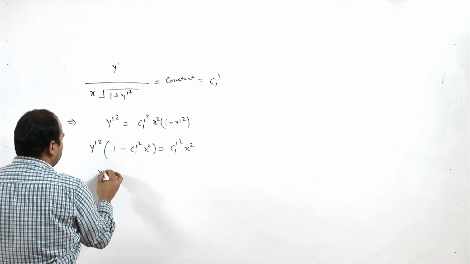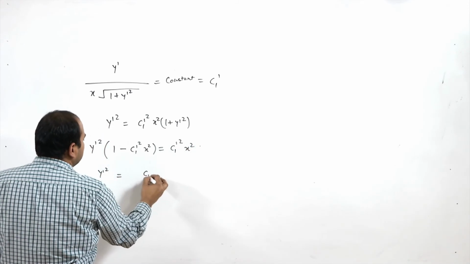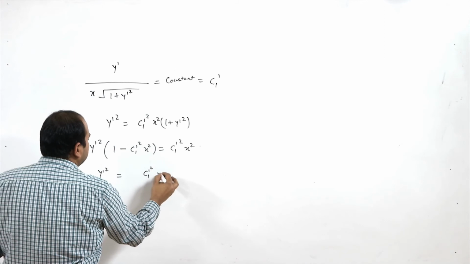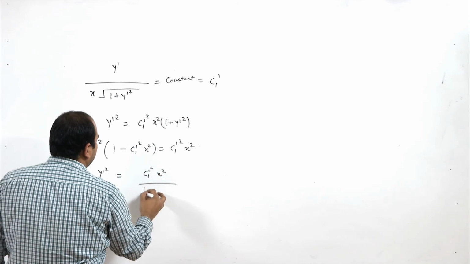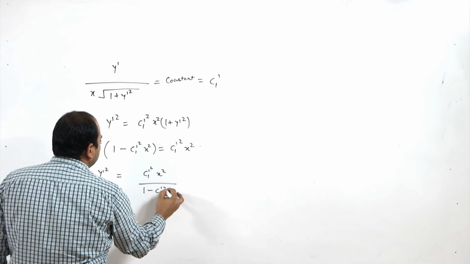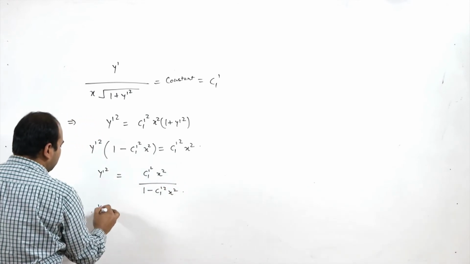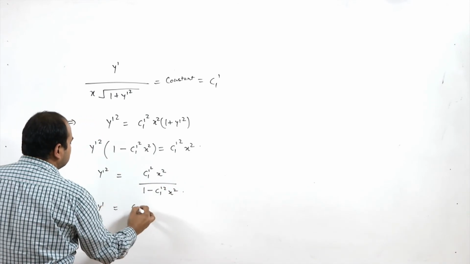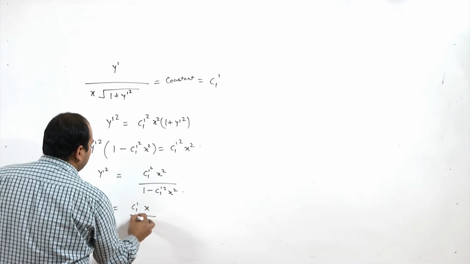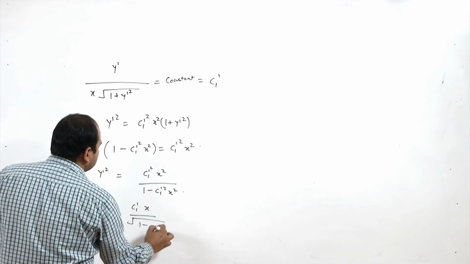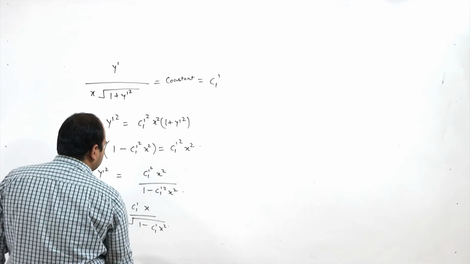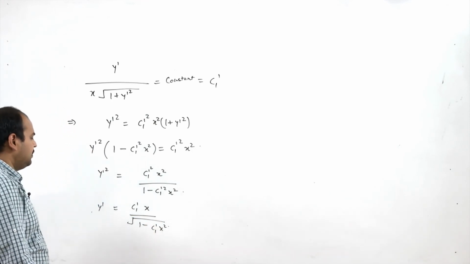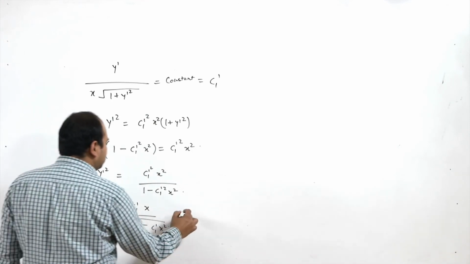So y dash square is equal to C1 dash square x square upon 1 minus C1 dash square x square, and you can write y dash equal to C1 dash x upon under root 1 minus C1 dash square x square.